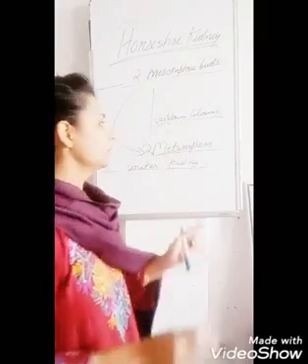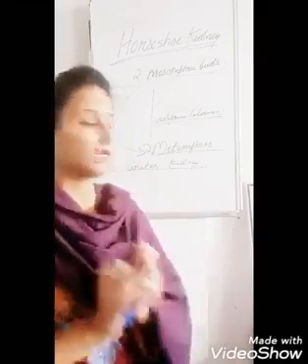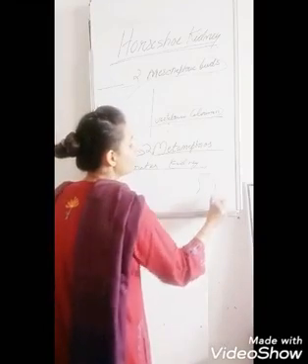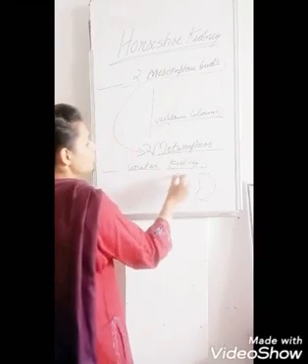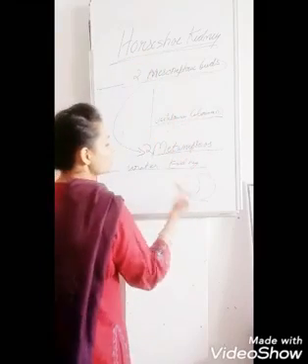Now generally there is no fusion of the poles of the kidney. As we all know, the kidney has an upper pole and a lower pole. These two kidneys are formed from the two buds, but there is no fusion.